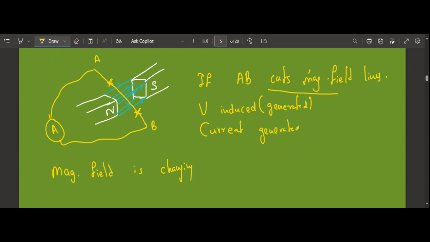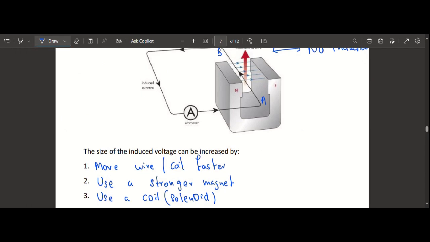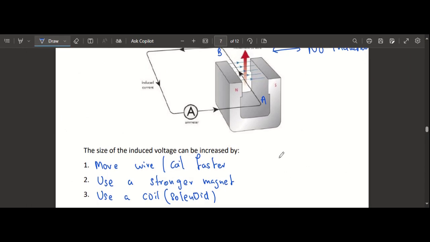The third one is to use a coil, like a solenoid, instead of just a normal straight wire. So the first one is moving the coil faster, using a stronger magnet, or using a coil.